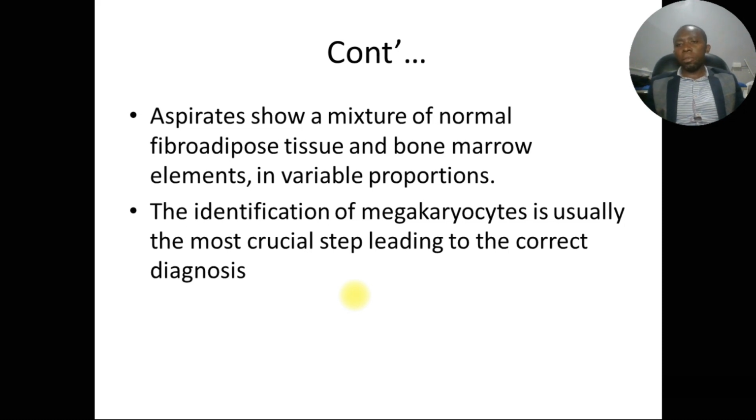The identification of megakaryocytes is usually the most crucial step leading to correct diagnosis of these lesions, and this has to be taken seriously.